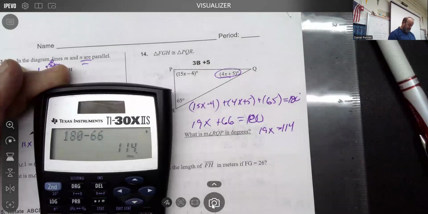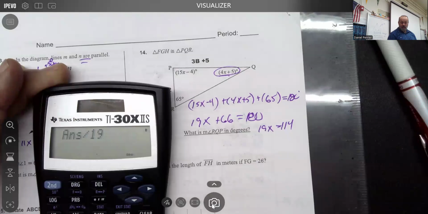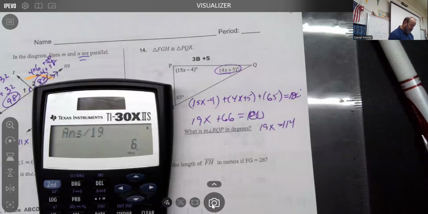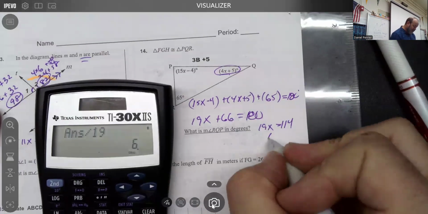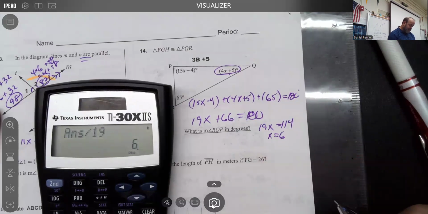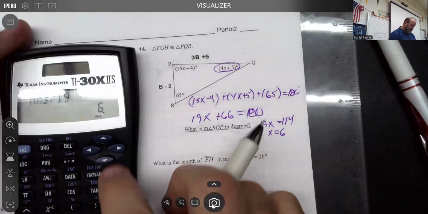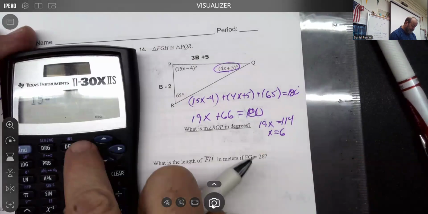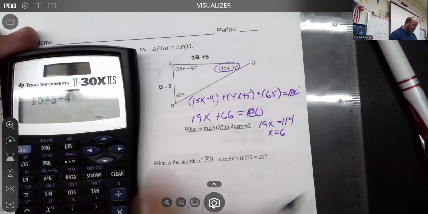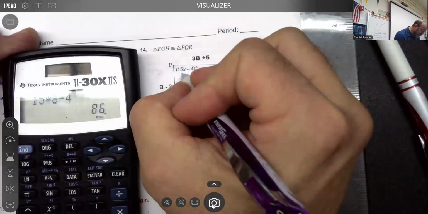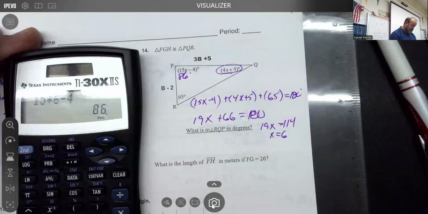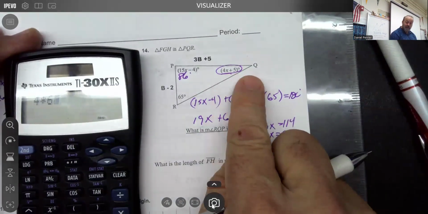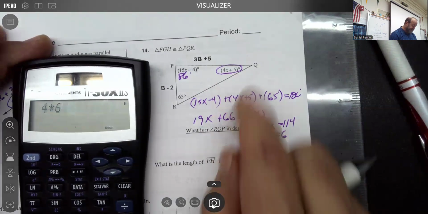And I've got to say, sometimes these numbers, I get nervous. Oh, it actually came out pretty nice, didn't it? So I found out that x was precisely 6. So let's see. 15 times 6 minus 4, that's for here, was 86 degrees. 4 times 6 plus 5 is going to be this angle Q right here.